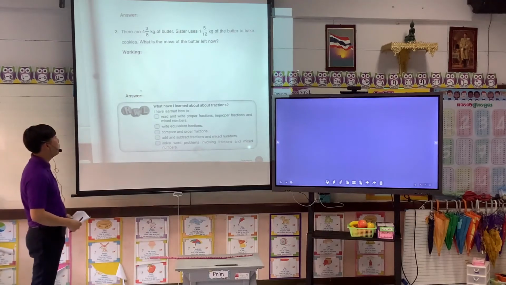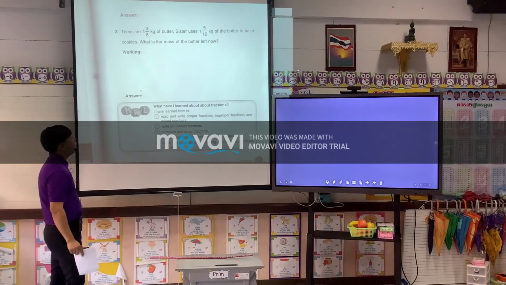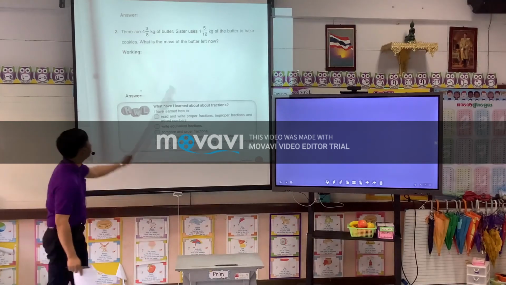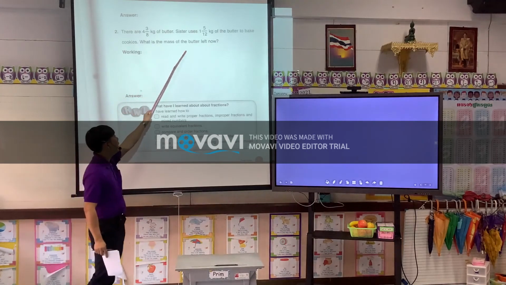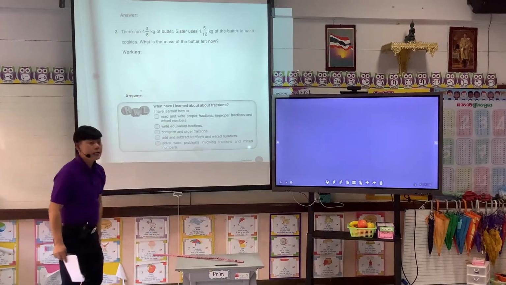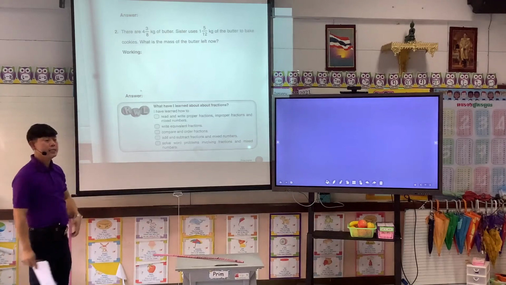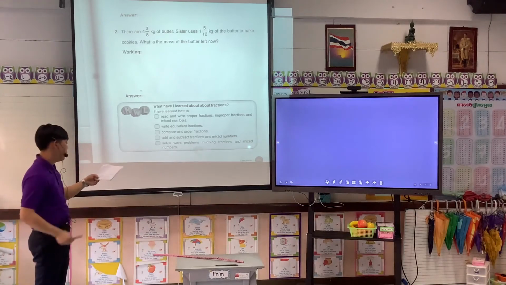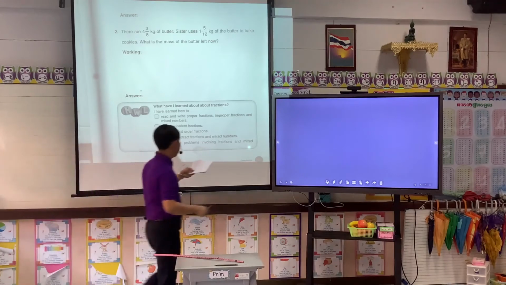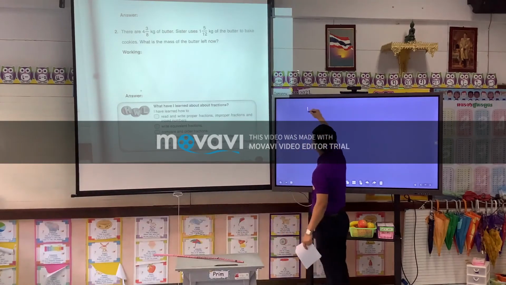Sister uses 1 and 5/12 kilogram of butter to bake cookies. What is the mass of the butter left? Okay, it means we use subtraction. This is the last, subtraction. I will make it shorter because we are running out of time.